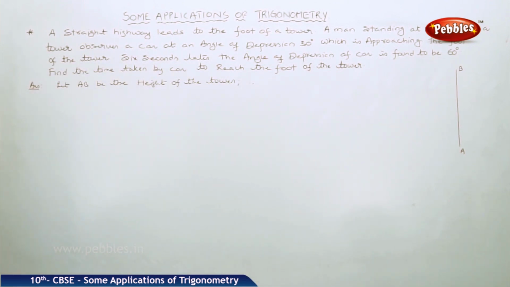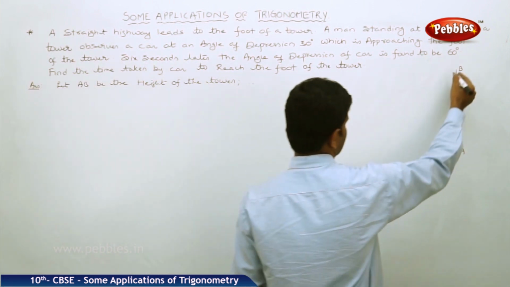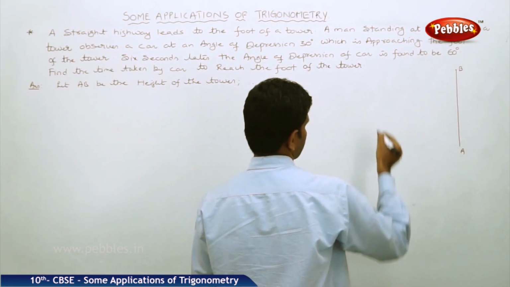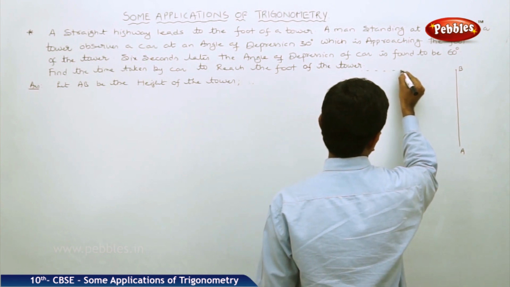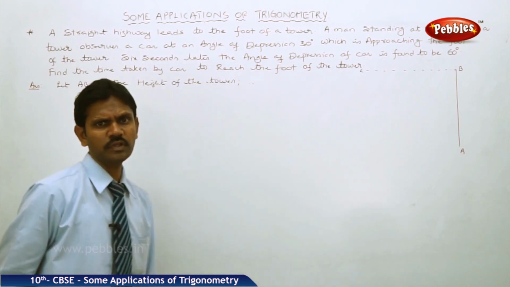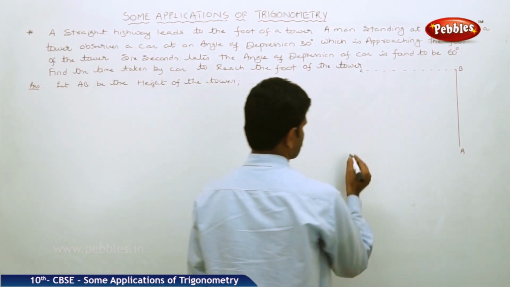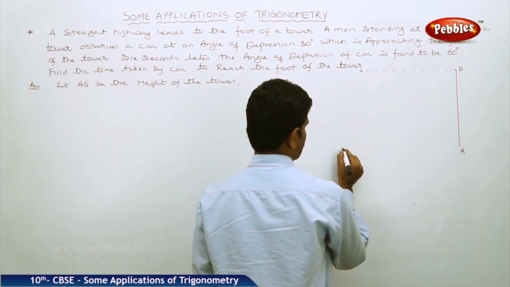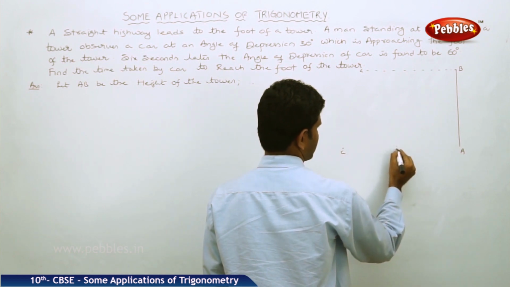Next, a person standing at point B is observing a car with the angles of depression at two different positions, that is at C and at D.